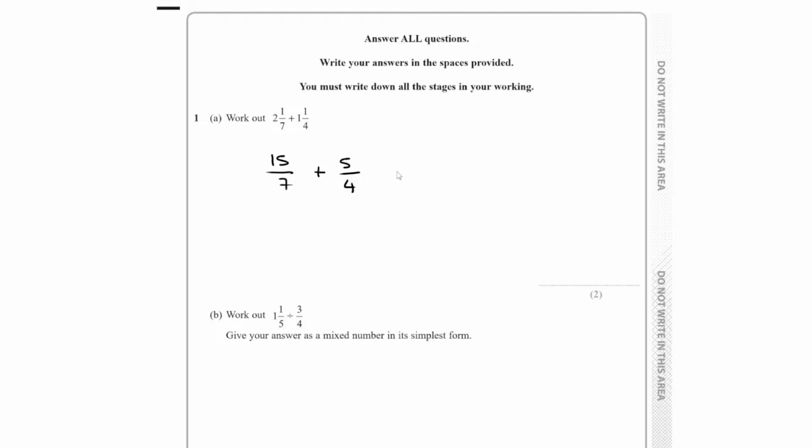Now that I've done that, I'm obviously going to go through and add them. Obviously, I need to have a common denominator. That's the same if you have a subtract as well, you need a common denominator. So the common denominator, I would probably choose 28.